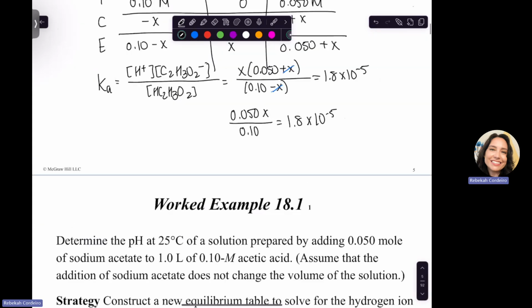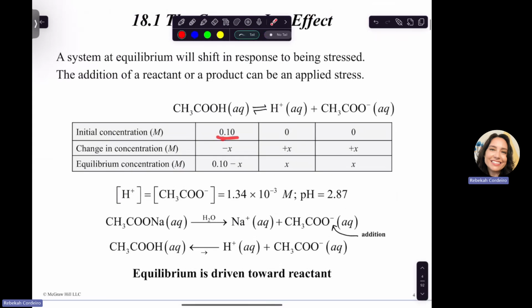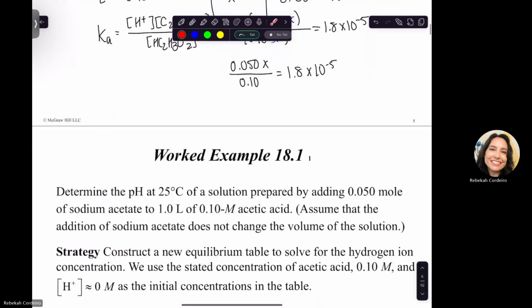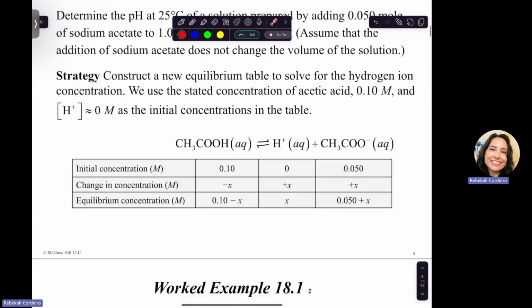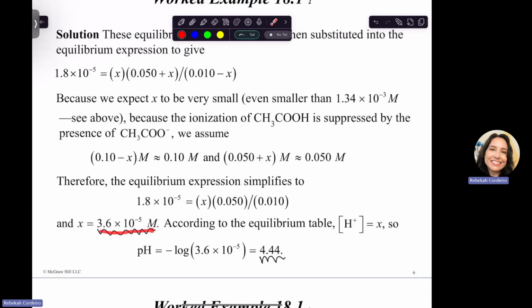Now notice that the pH before we added any extra, we just have 0.1, was 2.87. The concentration of H plus was 1.3 times 10 to the negative 3. Now the concentration of H plus is 3.6 times 10 to the negative 5. It's smaller, right?